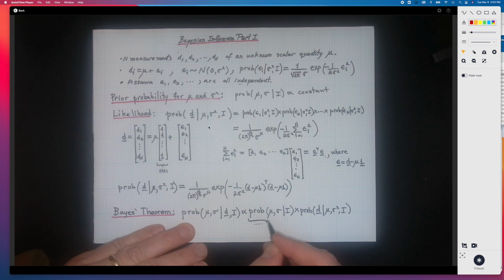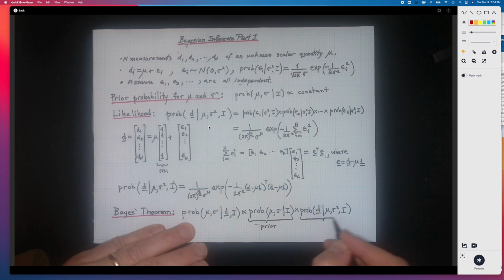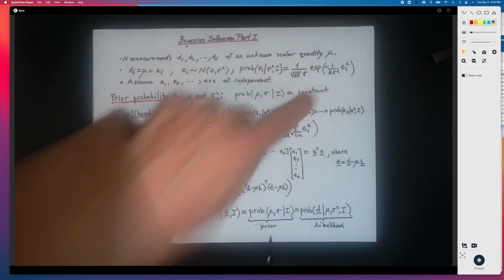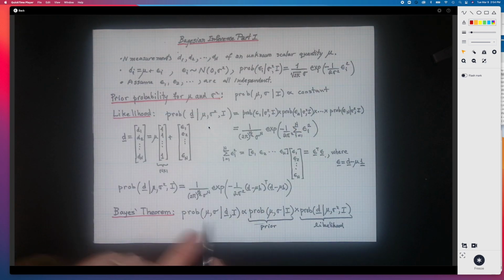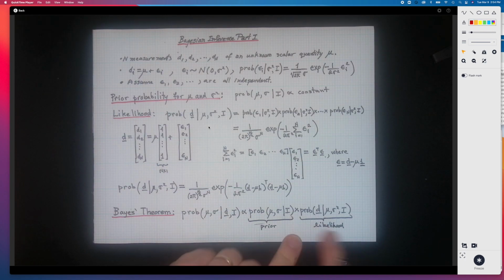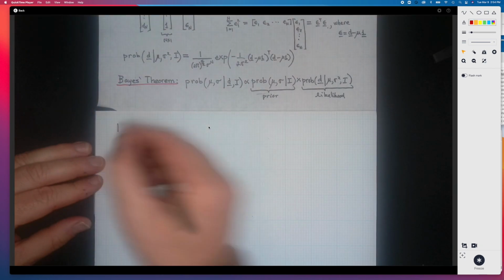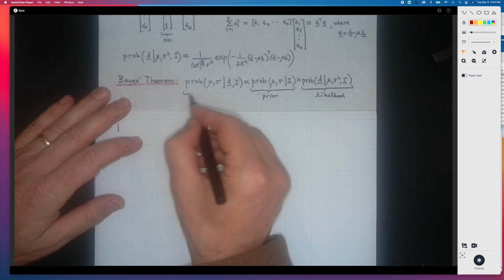So the prior, the likelihood function. Now in this case, since I picked the prior to be a constant, and I've said that the posterior is proportional to this quantity, we can completely ignore this. The fact that it doesn't depend on mu and sigma means that it drops out of the problem. And so this is what we're going to use. This likelihood function is going to help us determine what mu and sigma are. And this quantity up here is the posterior probability.